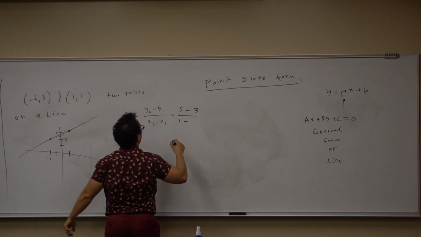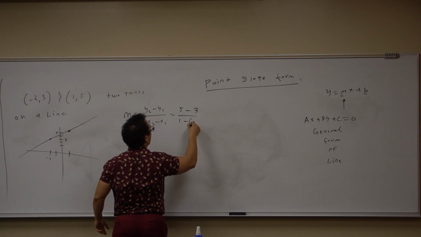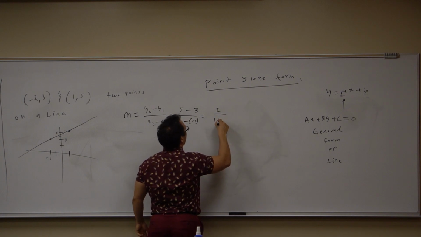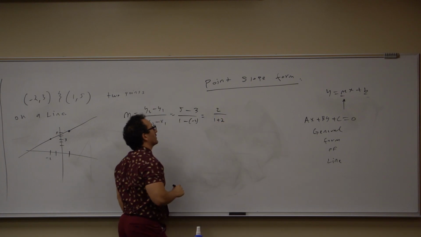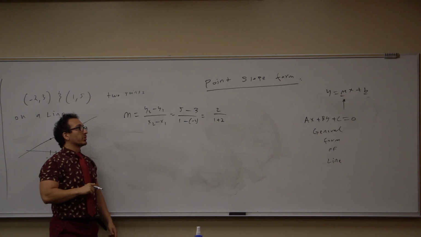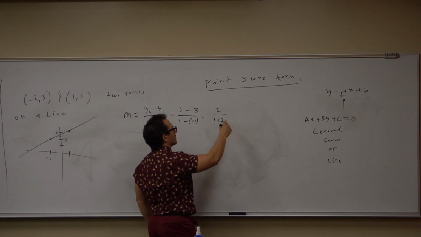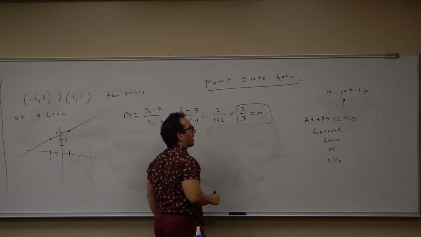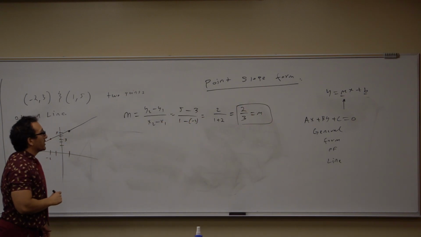Our x1 is -2. This reduces to 2 all over 1 plus 2, because negative minus is plus. So then I get 2/3 is the slope. Okay. Now we know our slope.